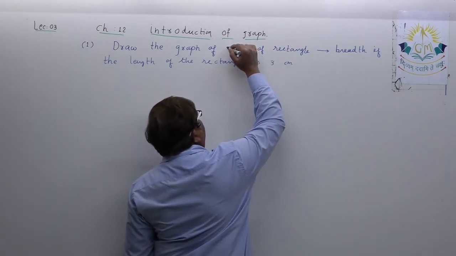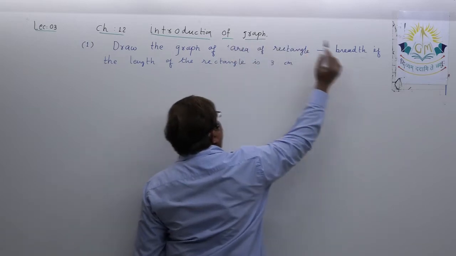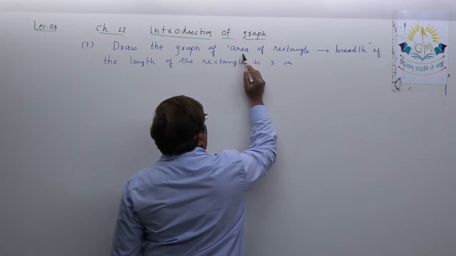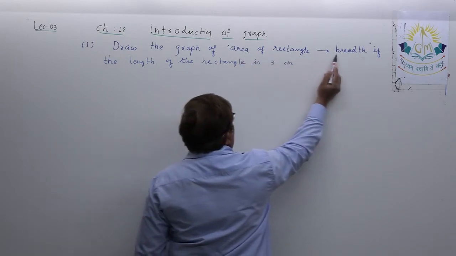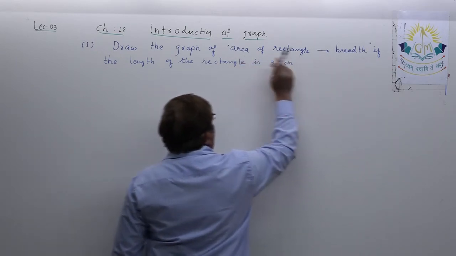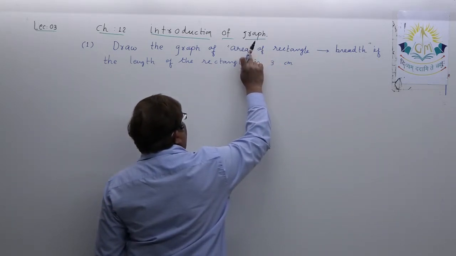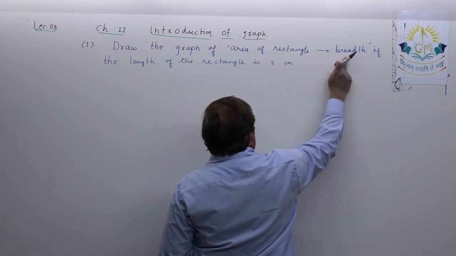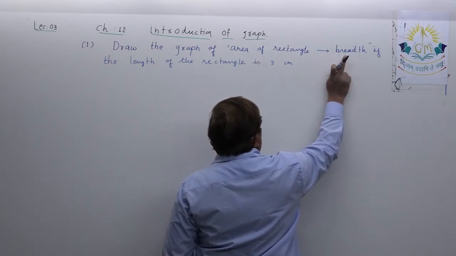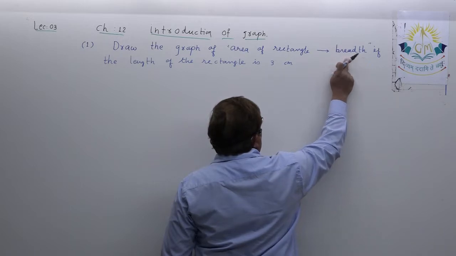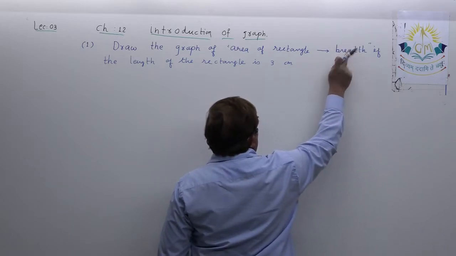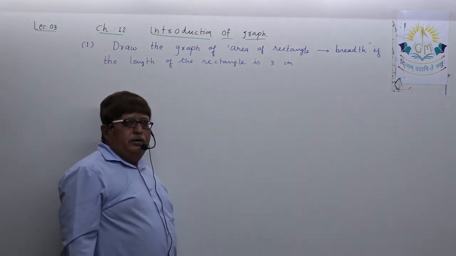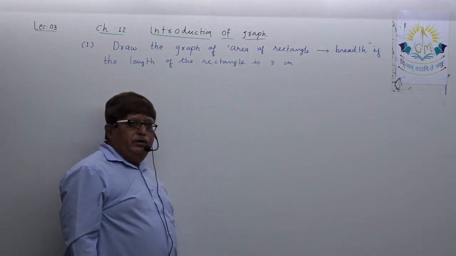The two variables, if you can mark out here, are area of rectangle and breadth. Area of rectangle is the dependent variable, breadth can be considered the independent variable. So breadth should be taken as x, and area of rectangle should be taken as y.